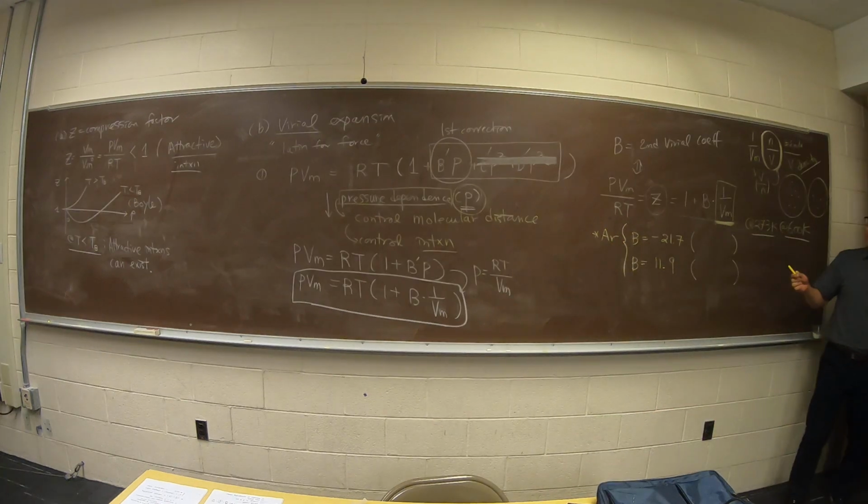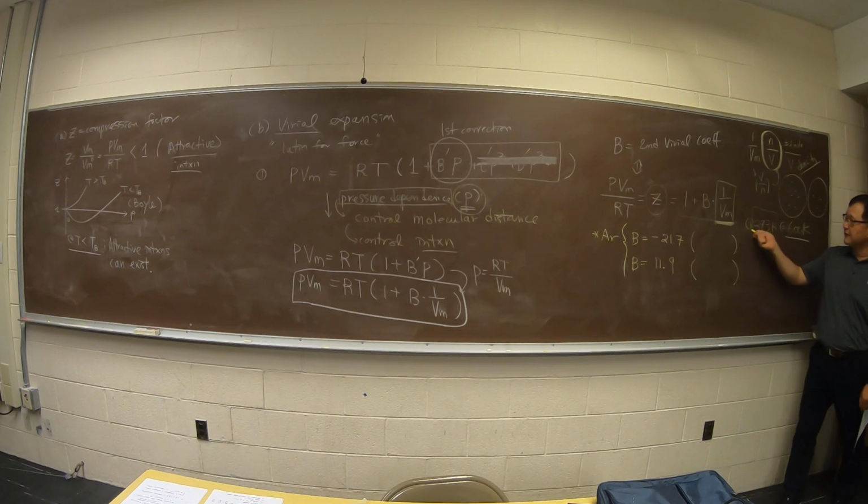So what are the chances for me to have a more attractive interaction? Lower temperature or higher temperature? Lower temperature, right? That's the concept I talked about. Temperature has to be lower than the boiling temperature to actually have attractive interaction. So this one has an attractive interaction, right? That's from our experience.